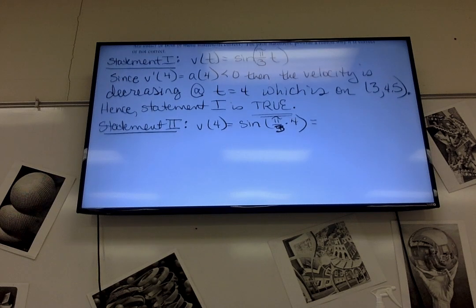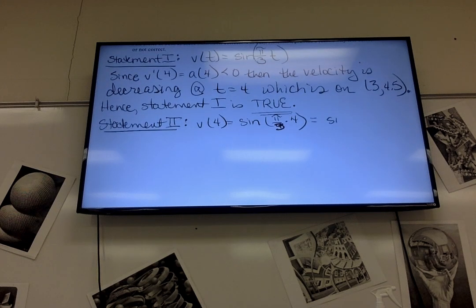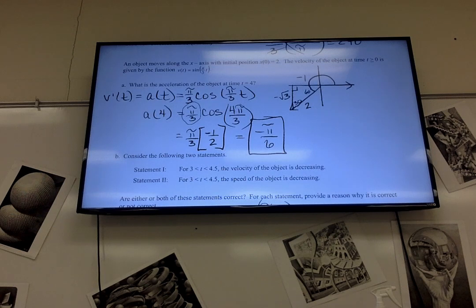So that's 4 pi over 3, and we can change that real quick. It's 240. We did it earlier. Oh yeah, we already even have a picture of it. Yeah, 240.